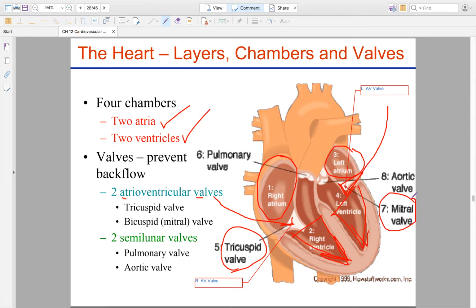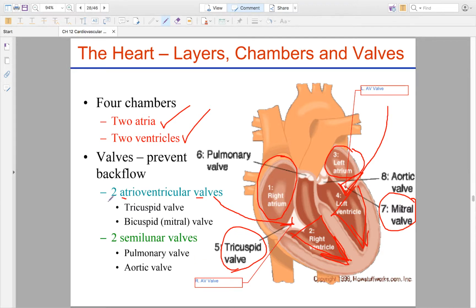You may have heard that term on TV. They use the mitral and tricuspid terminology more so in the hospital. But technically, the actual names are the left and right AV valves, and or tricuspid for the right and mitral for the left.